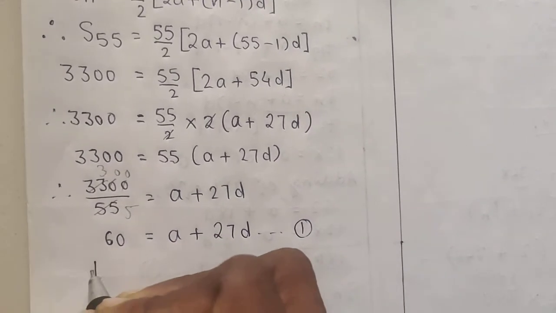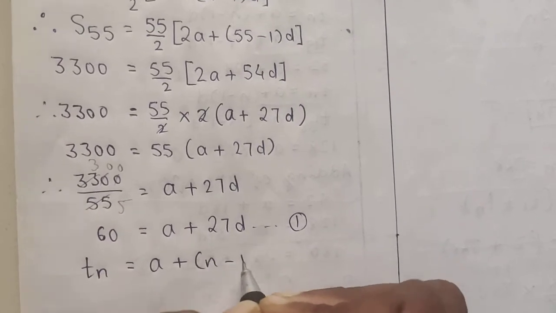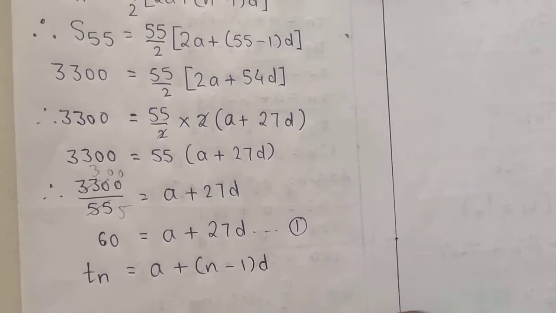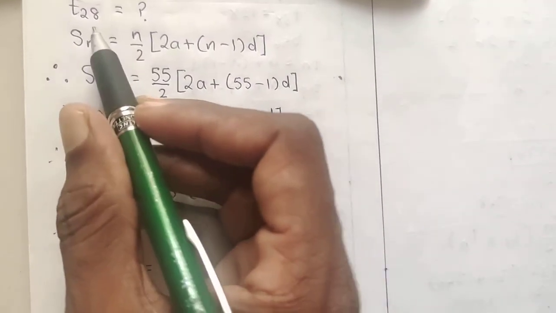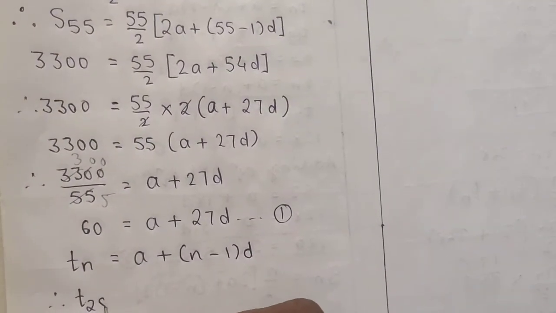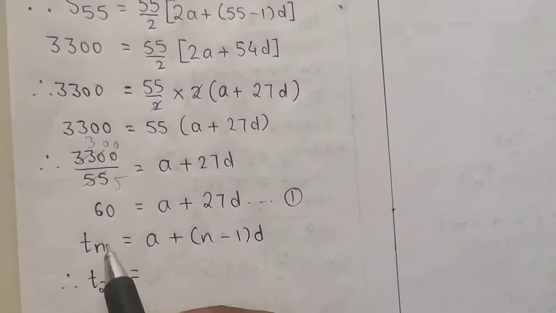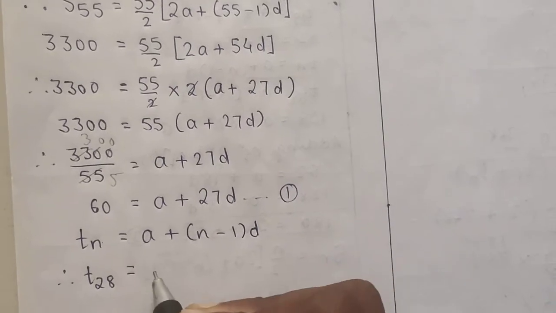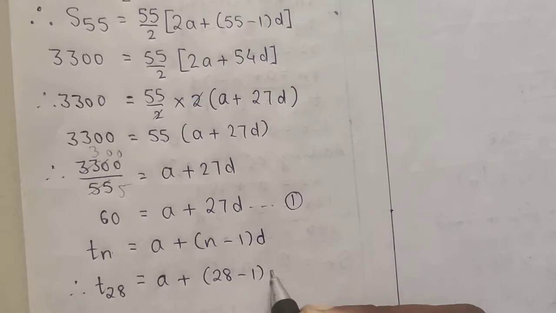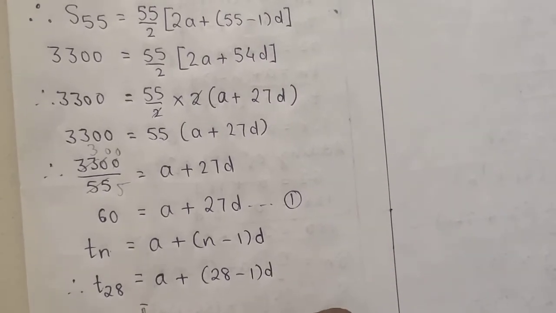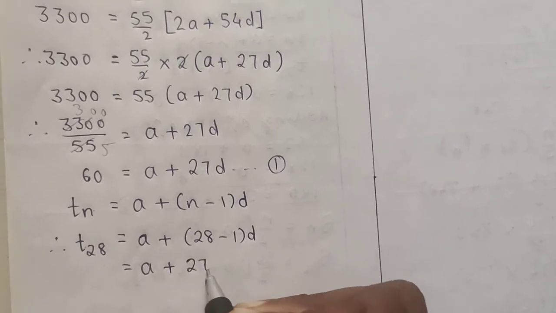Now in the next step we are going to use the Tn formula, that is a plus bracket n minus 1 into d. Since we want T28, we replace n by 28. So here this is a plus bracket 28 minus 1 into d. 28 minus 1 gives you 27.